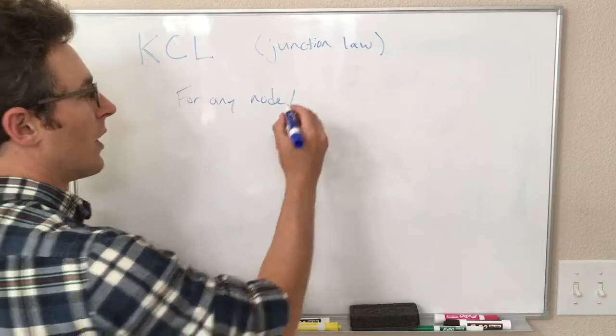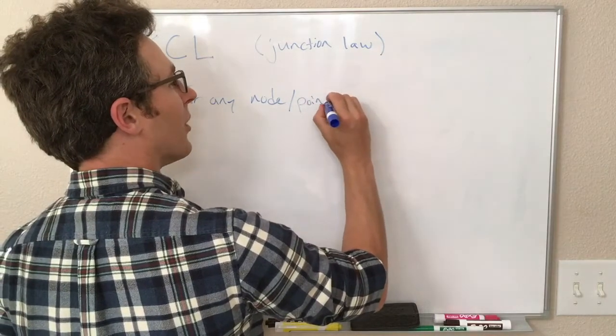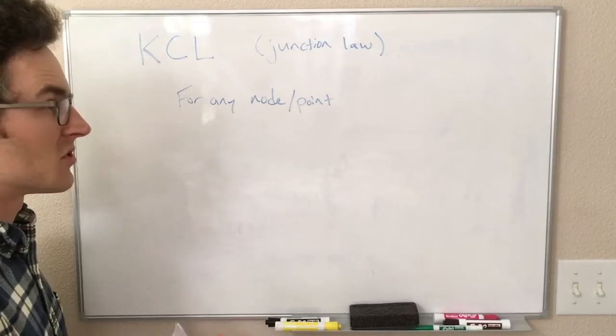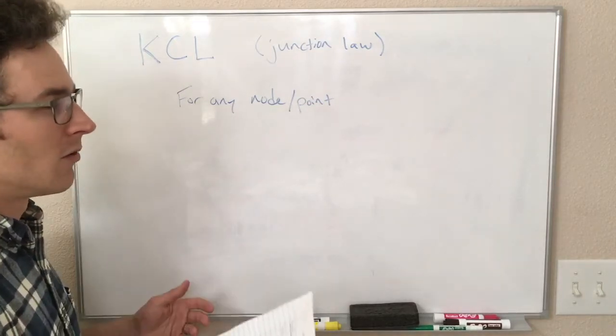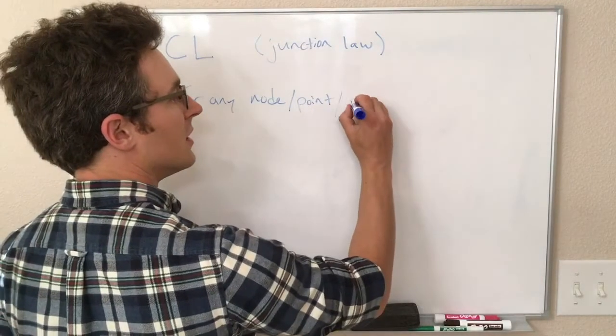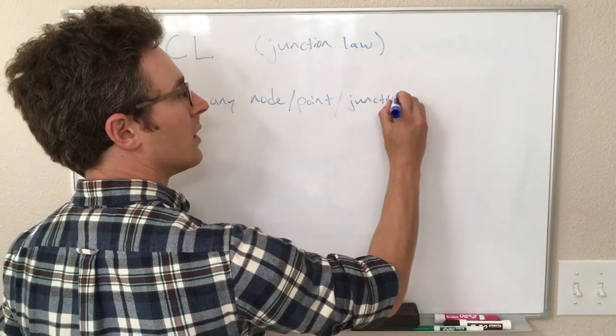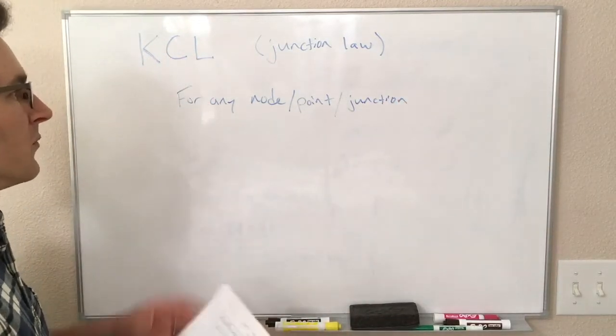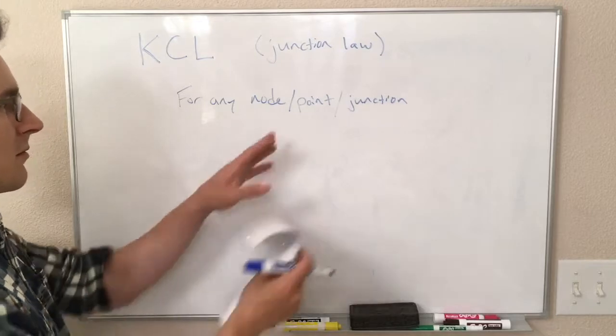node, which is another way of saying an important point on the circuit. Often this current law is most useful when this node or point is a junction between multiple wires, two or more wires. So we're going to keep this general.